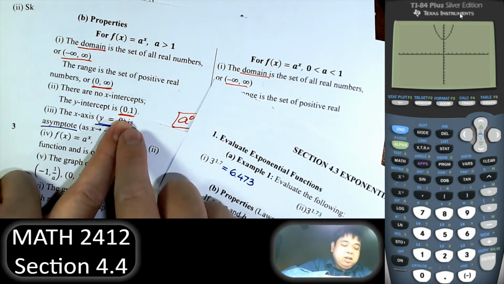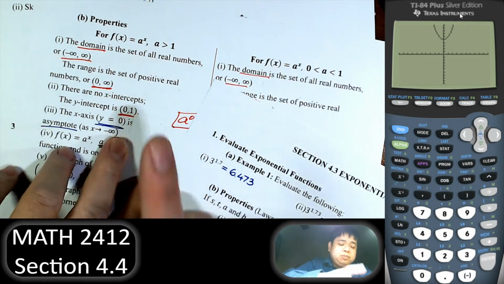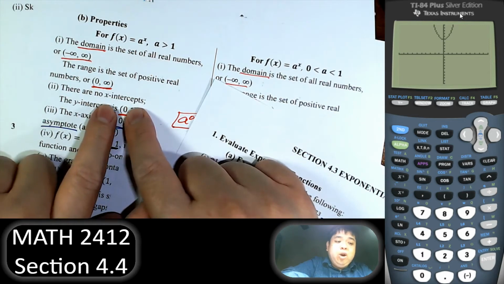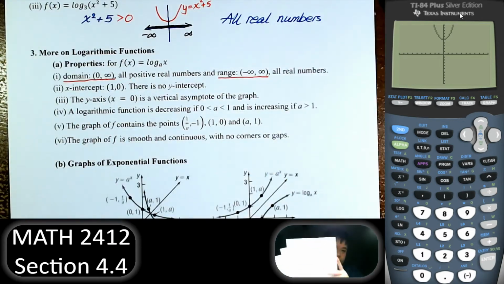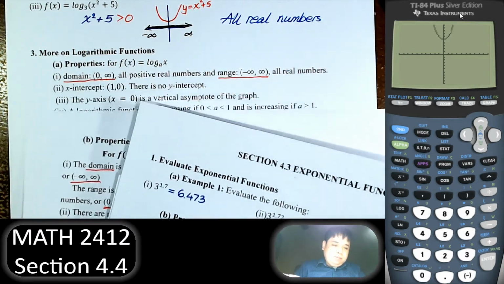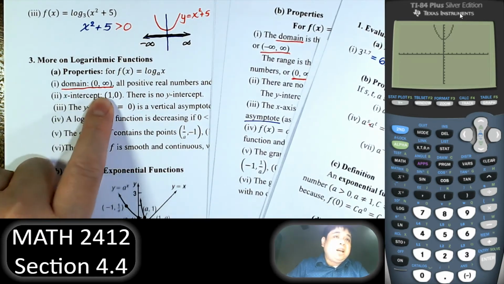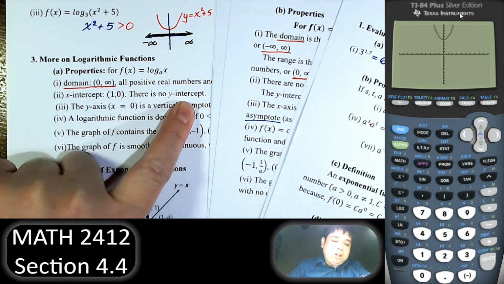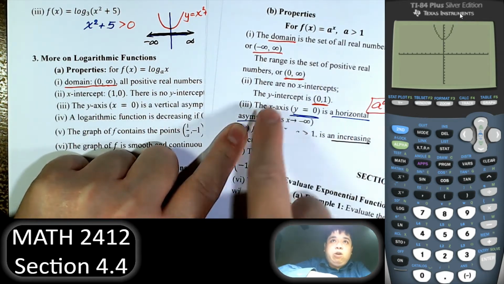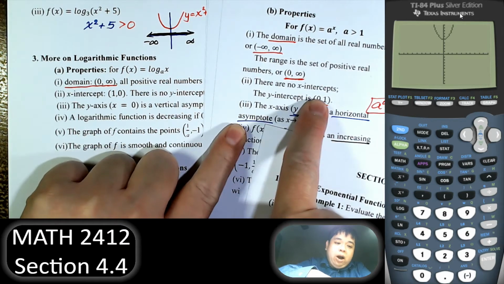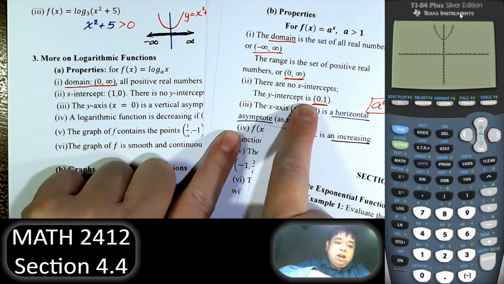So if we reverse that, for the logarithmic function there is no y-intercept, and the x-intercept is (1, 0).